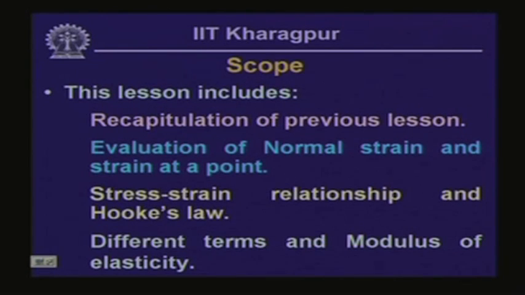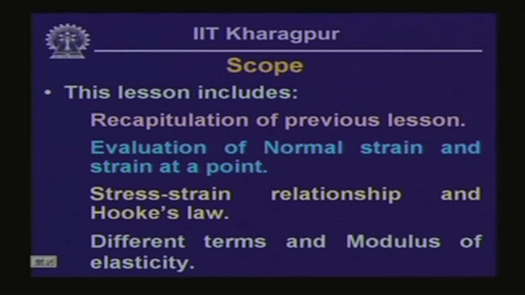Hence, the scope of this particular lesson includes certain aspects which we discussed in the previous lesson through the question answer sessions. The questions which we posed last time we will discuss in this particular lesson before we proceed forward. We will evaluate the normal strain and strain at a point.